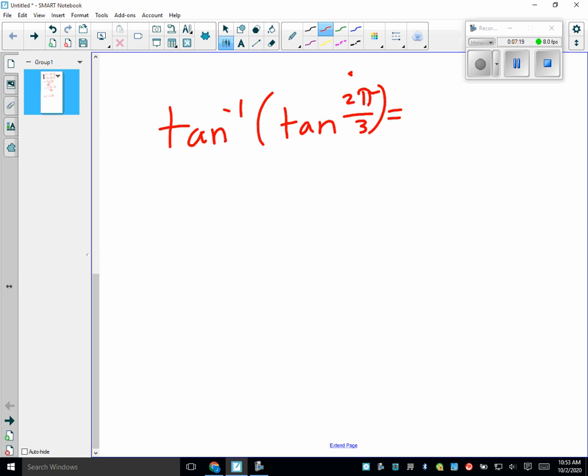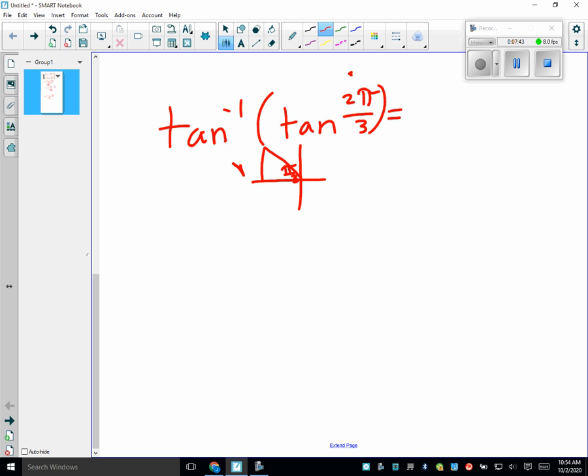What is my answer going to be? Let me ask you that first. An angle or a fraction? Angle. Agreed? Yes. So, do you know what this value is? What quadrant is that in? 2. With a reference of what? Pi over 3.